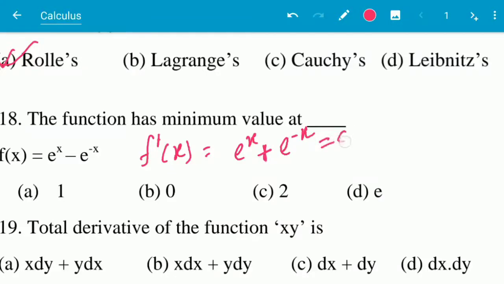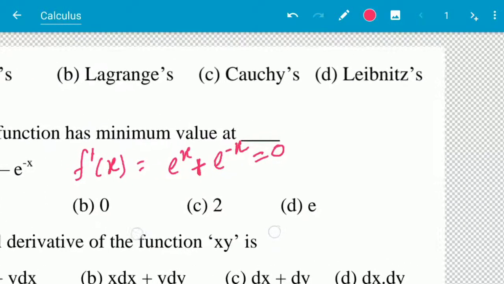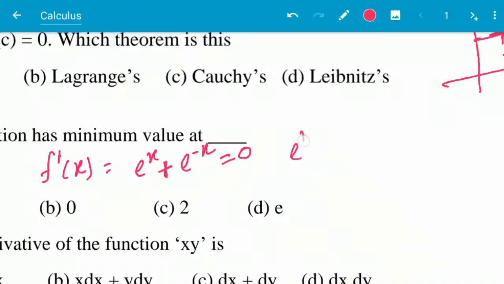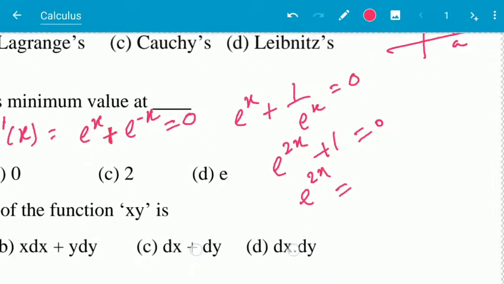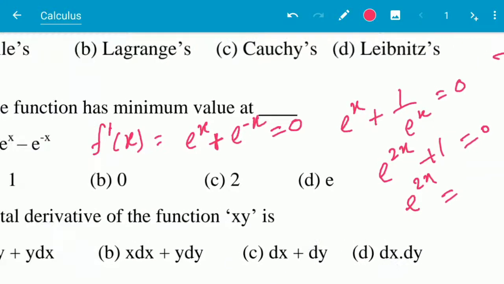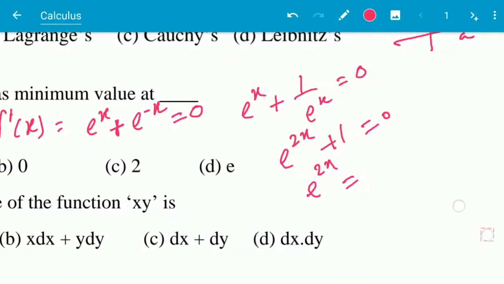We have to equate it to 0. So e to the power x plus 1 by e to the power x is equal to 0, and this will be e to the power 2x plus 1 is equal to 0, and e to the power 2x is equal to minus 1.